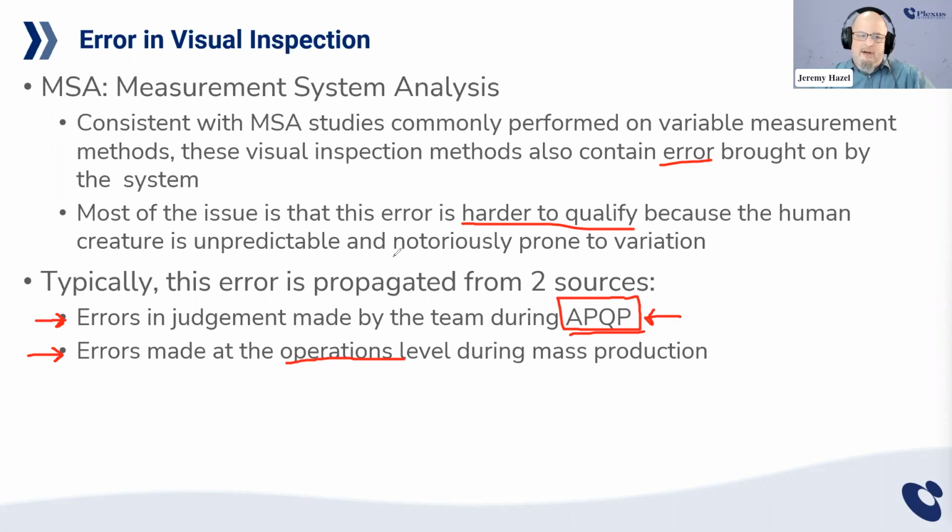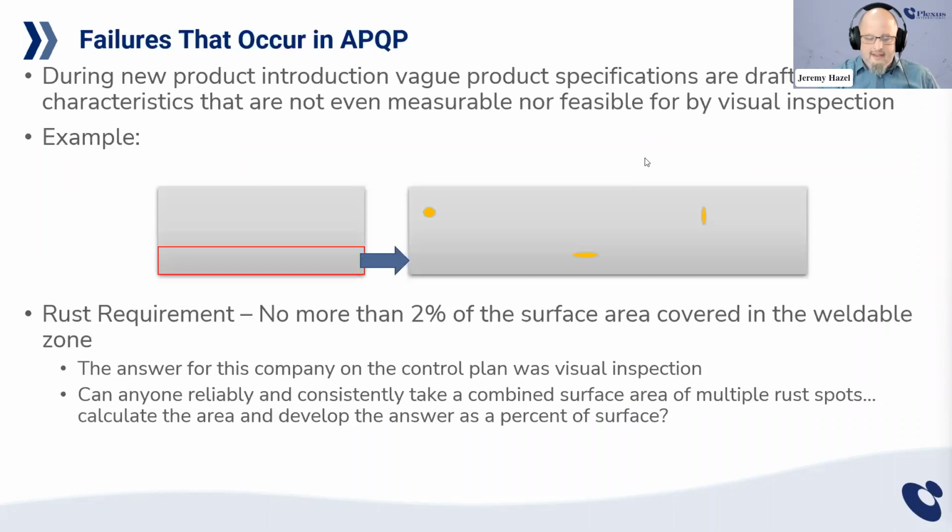So what I'd like to do is explain to you some different types of error that we've seen in both of these areas so that we know where this error comes from. And you probably, if you've been in the industry any length of time, have 100% seen this in your own organization. So let's start with 1, failures or errors that occur in APQP.